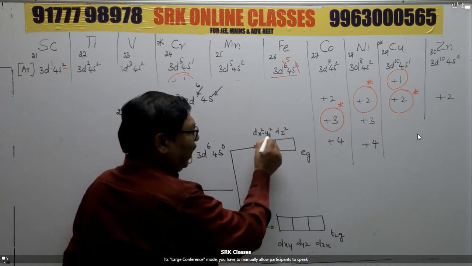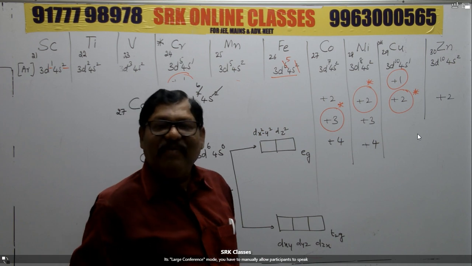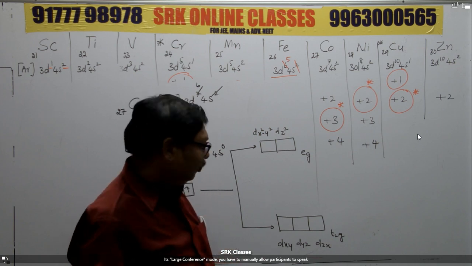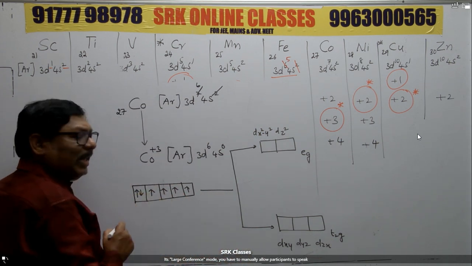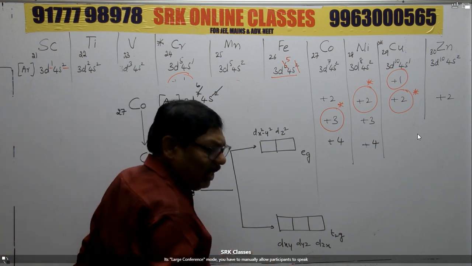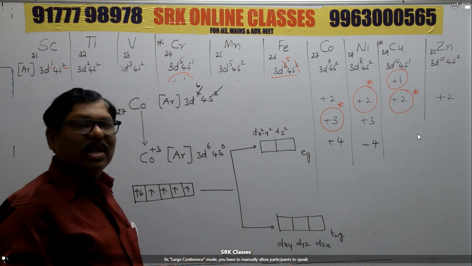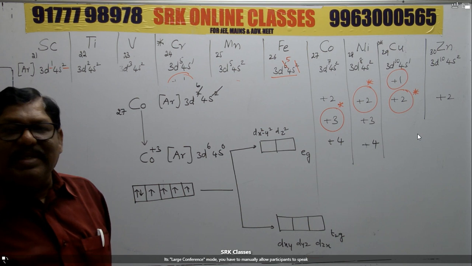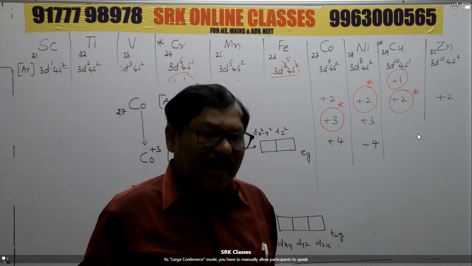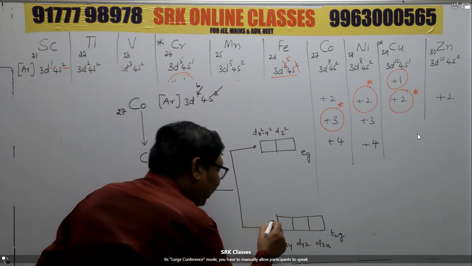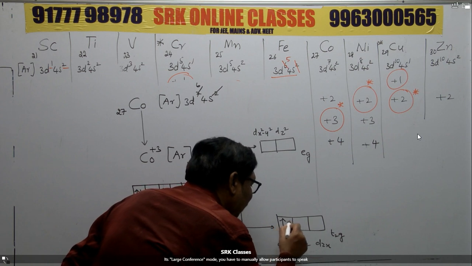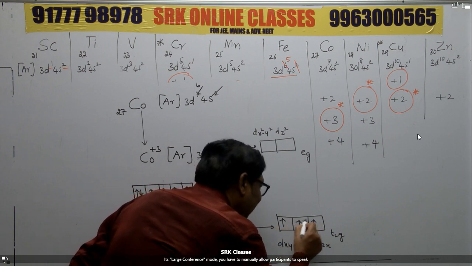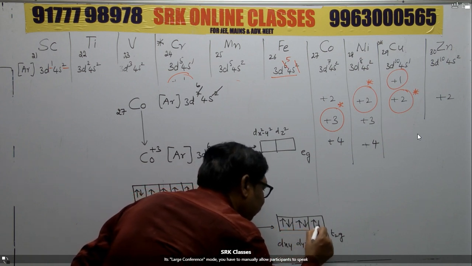Whereas in eg orbitals, lobes are on the axis where repulsions are maximum. Now 6 electrons are available. According to Aufbau principle, electrons are filled in different orbitals in the increasing order of their energy. Therefore, these 6 electrons are first filled in t2g orbitals, first half filled, then pairing will take place.